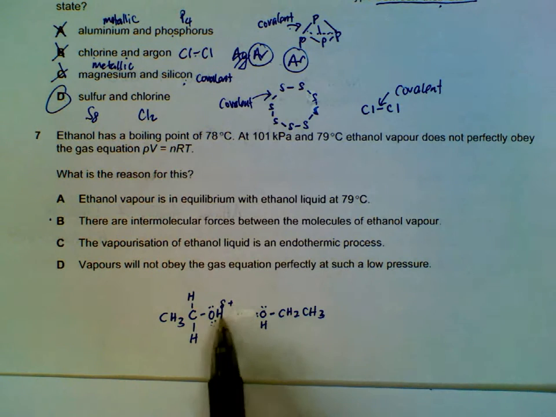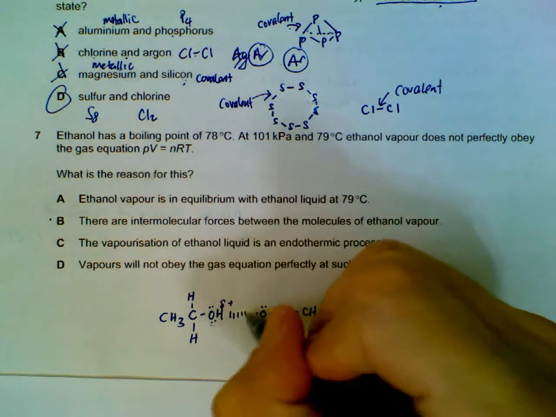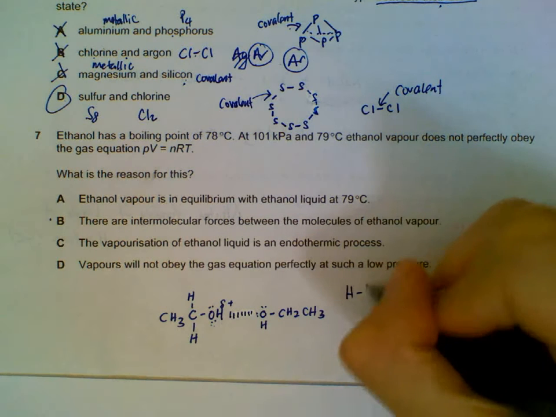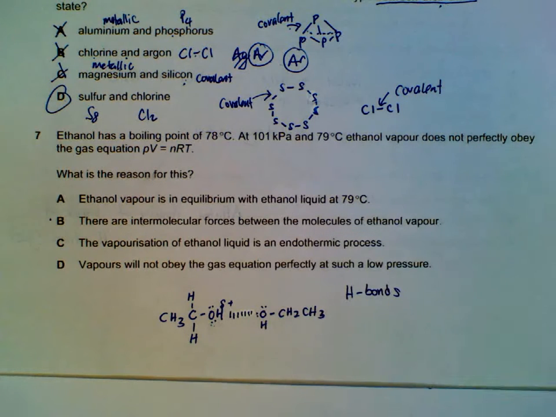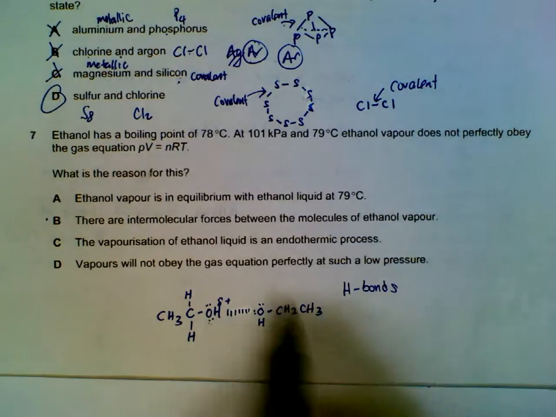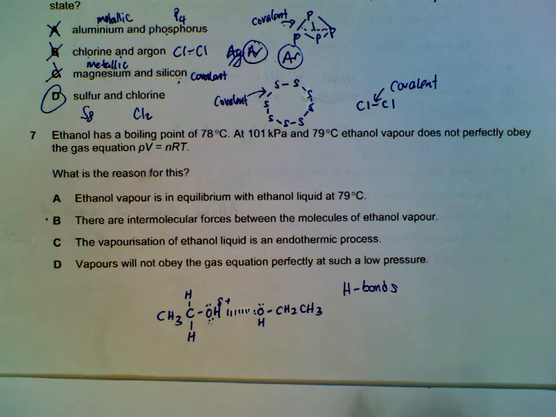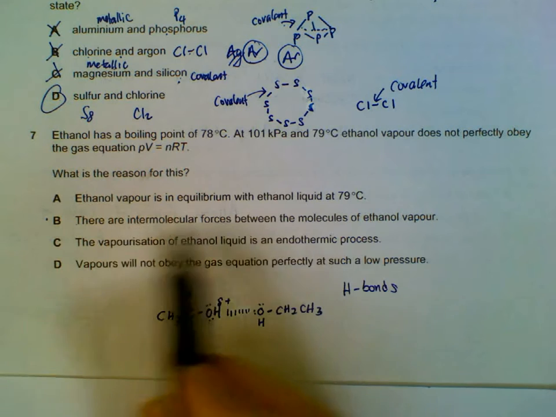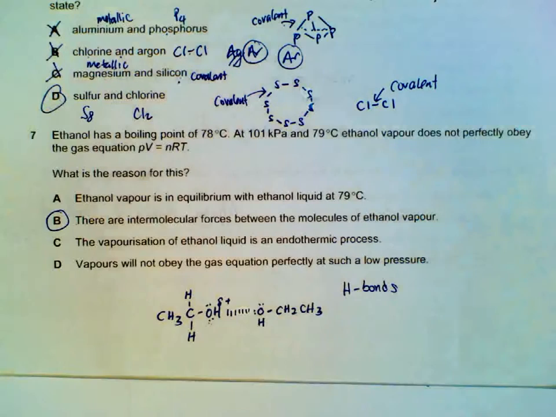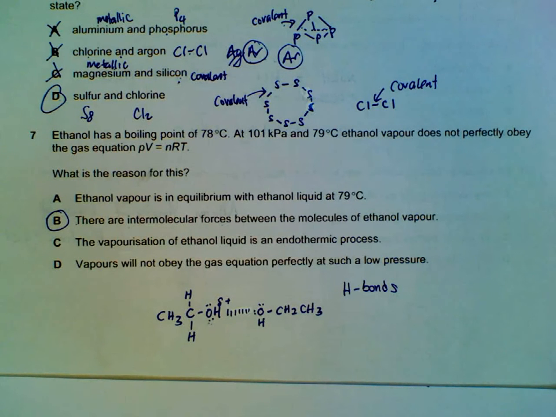It will allow one ethanol molecule to attract another ethanol molecule using hydrogen bonds. For covalent molecules, hydrogen bond is a relatively strong attraction force. So having strong attraction force will make it behave not like an ideal gas. So there are intermolecular attraction forces between the molecules of ethanol vapor. Because for ideal gas, one assumption is that they have negligible forces of attraction among molecules.